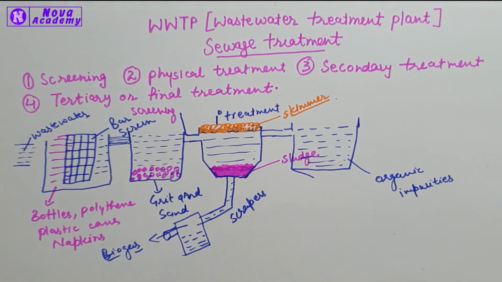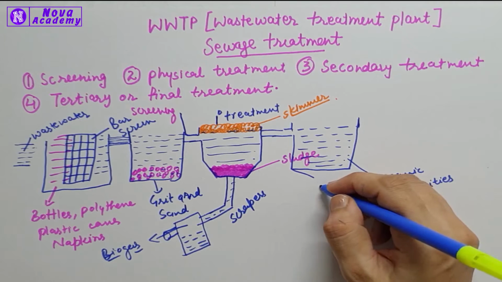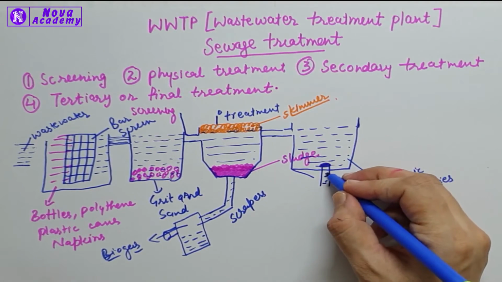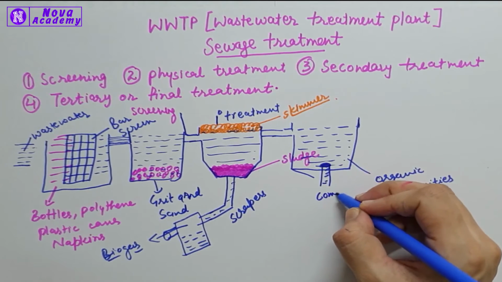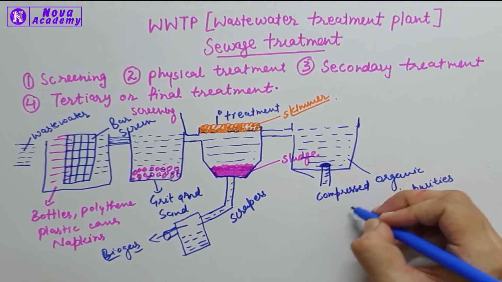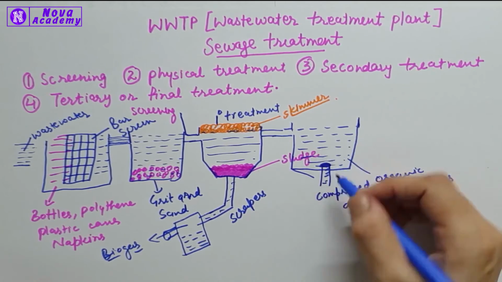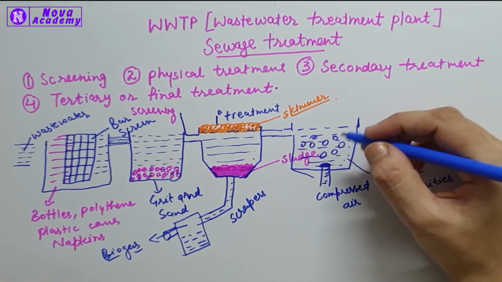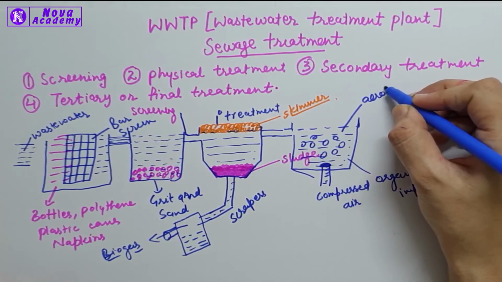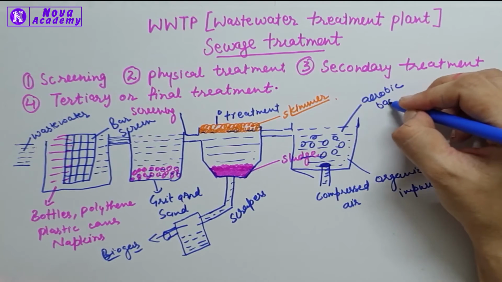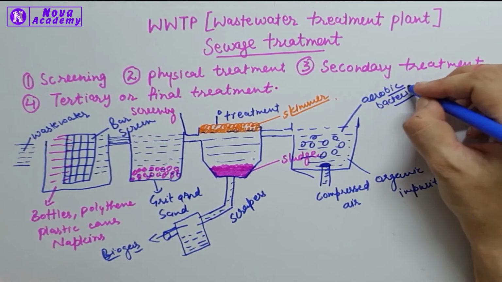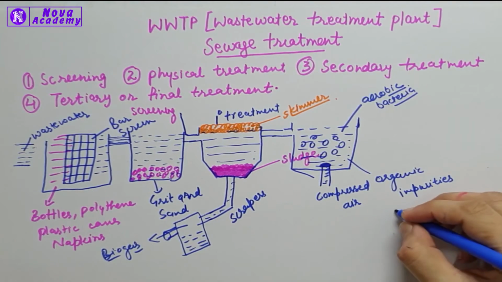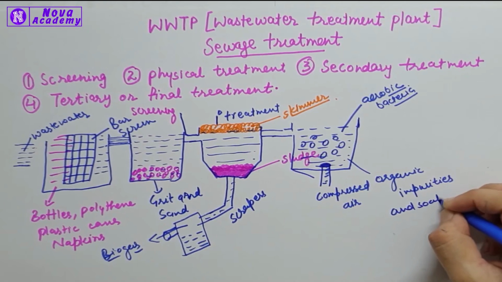Already these bacteria are present in the sewage, but when we aerate this water with compressed air, so compressed air passes through this water, the aerobic bacteria grow fast. Aerobic bacteria grow fast and decompose the organic impurities and also soaps and detergents.